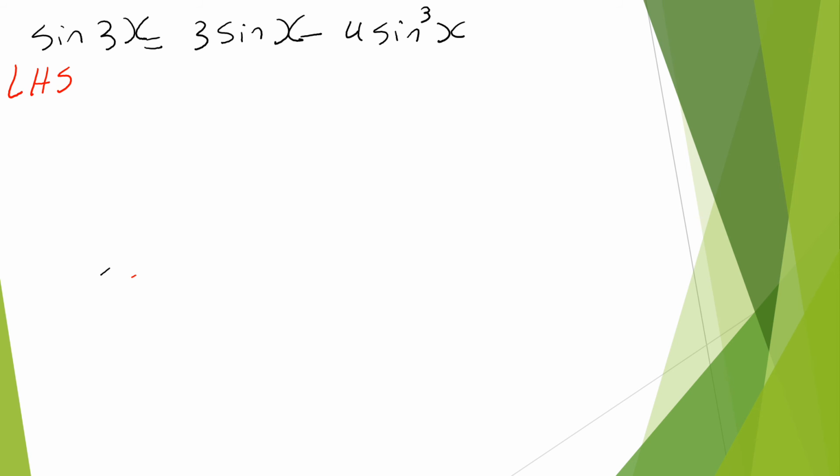The left hand side can be written as sine of 2x plus x. Okay, because I want to get x only. That's why I'm trying to open it up. So then the sine of 2x plus x is just applying the compound angle.